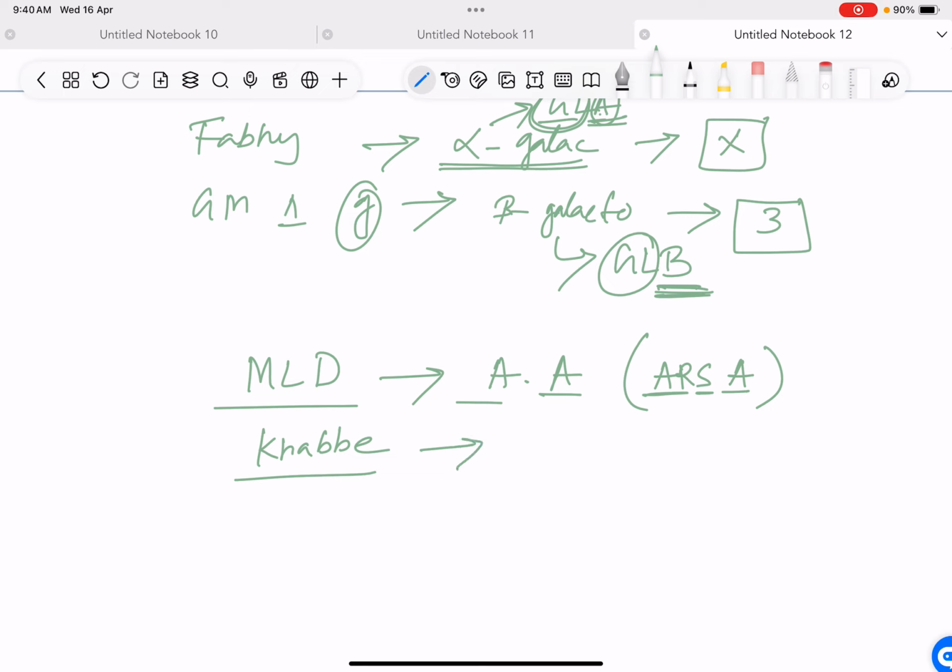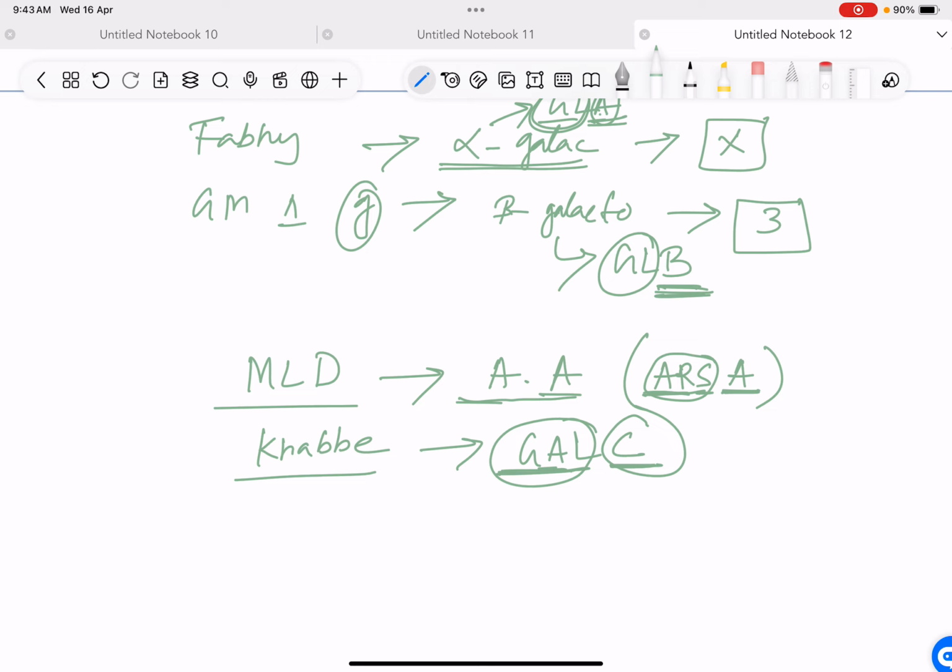Remember, it is galactocerebrosidase, GALC. So MLD is arylsulfatase A, ARSA. Krabbe is galactocerebrosidase, so GALC.